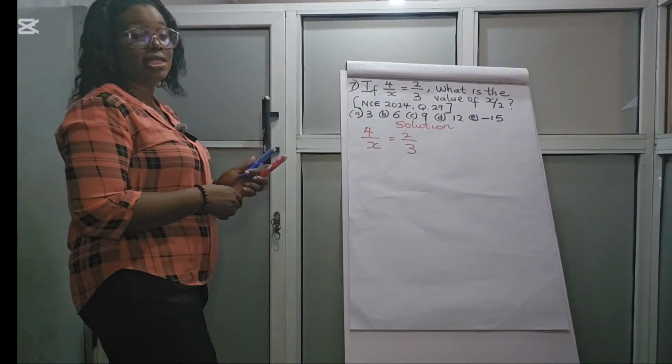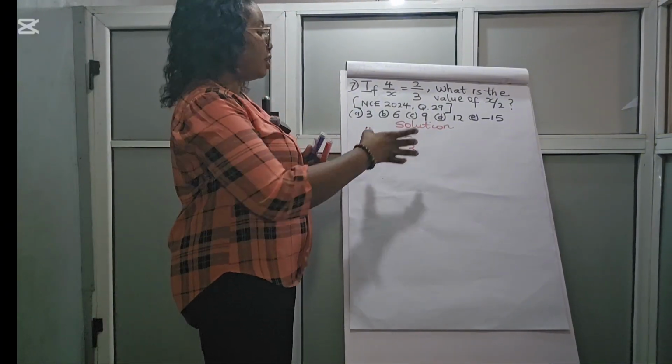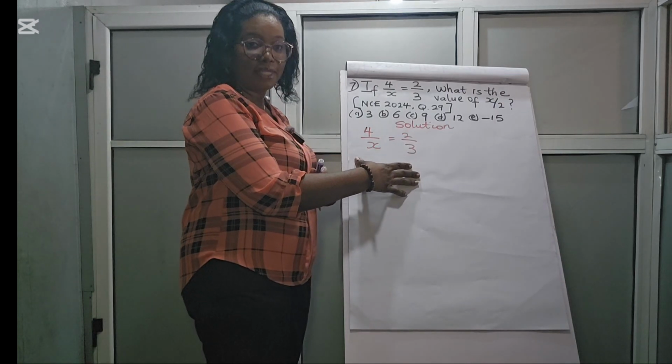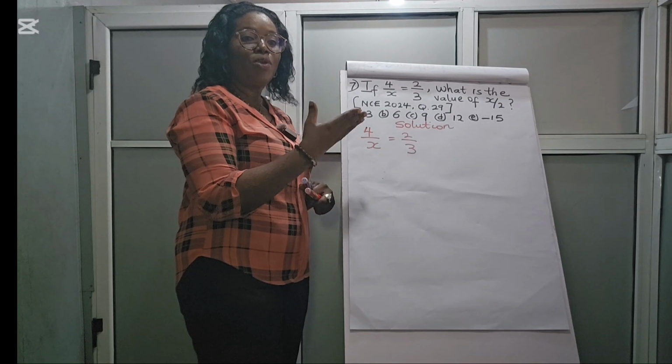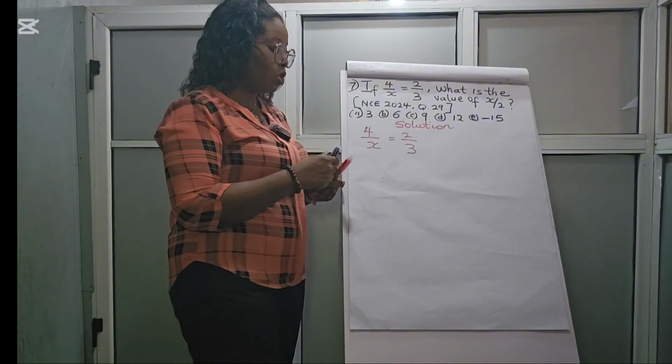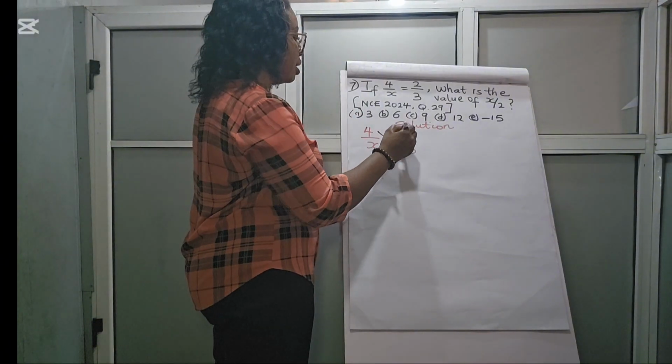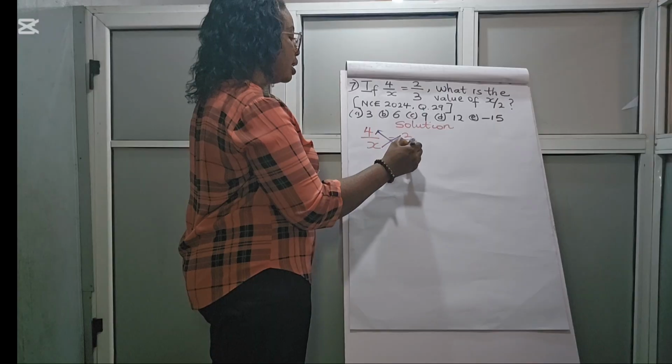When we see questions like this in algebra, two fractions with an unknown value represented by a letter, the only way we solve this mathematically is by cross multiplying.